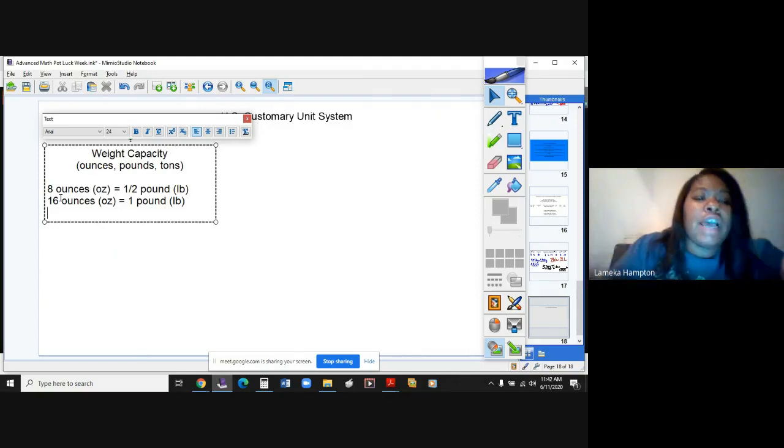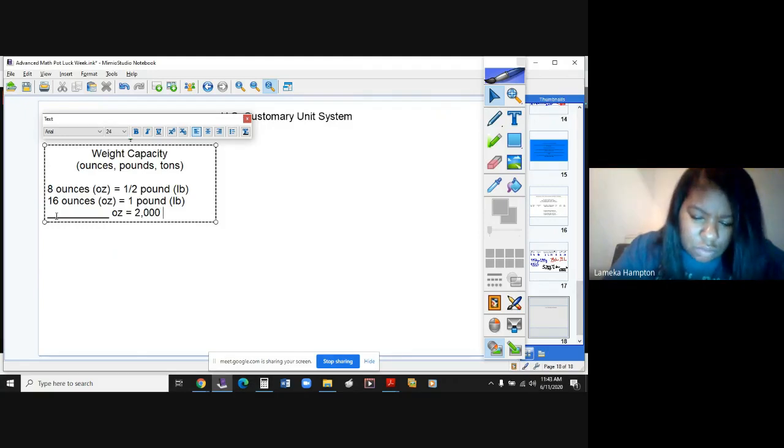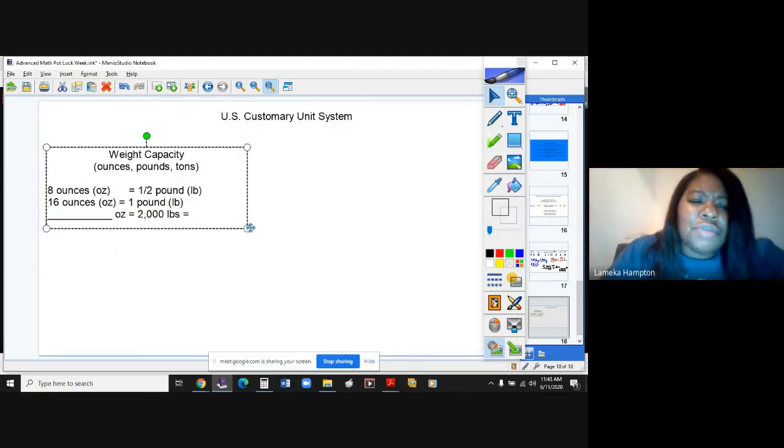So 24 ounces would be equal to 2 pounds, 48 ounces would be equal to 3, and so forth. I know y'all looking at this like, what is Miss Hampton doing? I'm going somewhere with this, so stay with me.